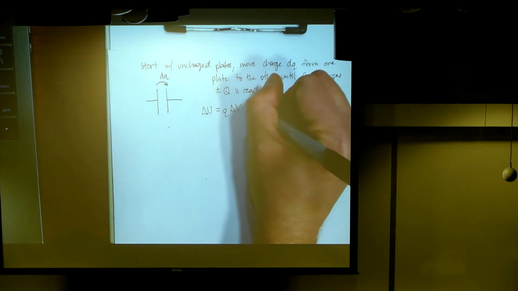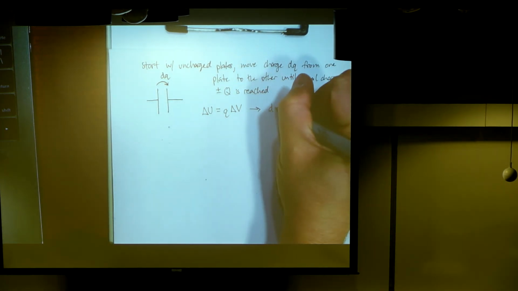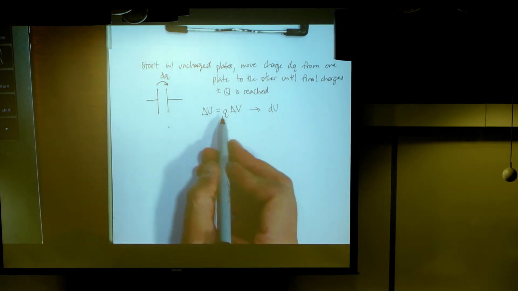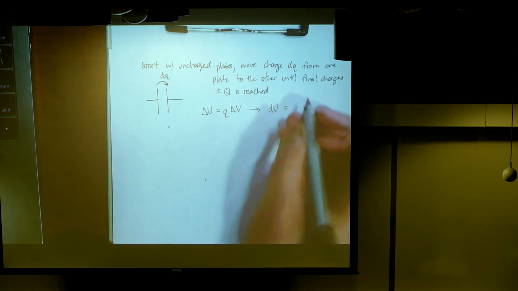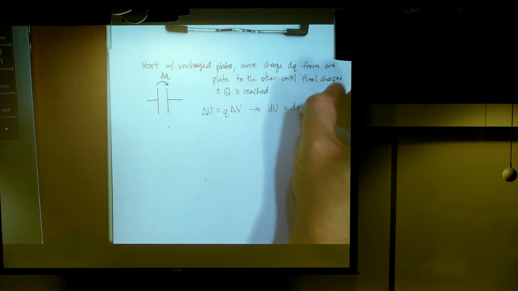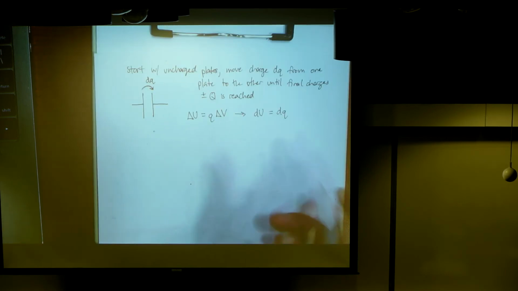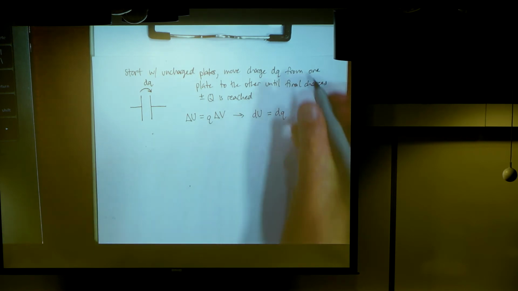But here, what we're dealing with is infinitesimal amounts of energy. So I'll call this dU. I'm going to write this in differential form. And we're dealing with infinitesimal amounts of charge, which I'm going to call dq, okay? Moving across whatever the potential difference between the plates is, okay?